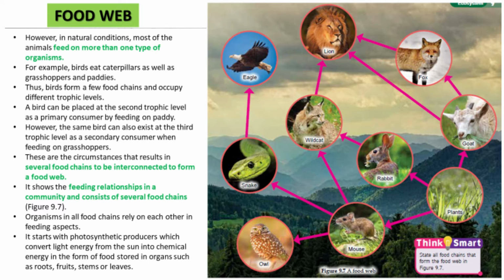Organisms in all food chains rely on each other in feeding aspects. It starts with photosynthetic producers, which convert light energy from the sun into chemical energy in the form of food stored in organs. Normally the food is stored in the roots, fruits, stems, or leaves.